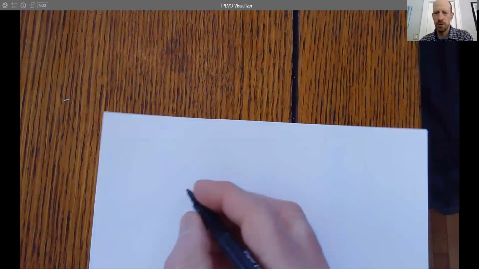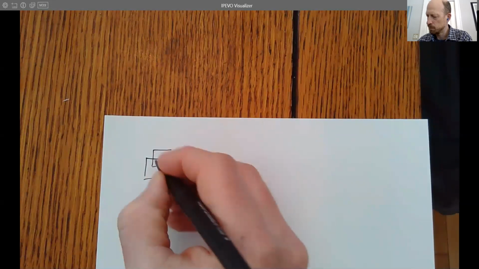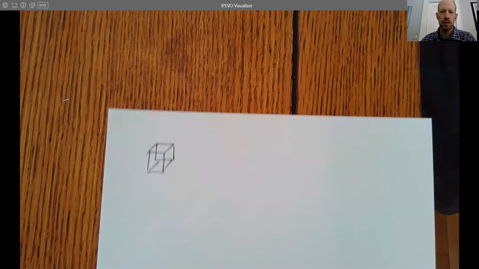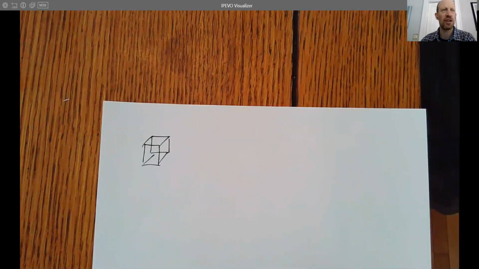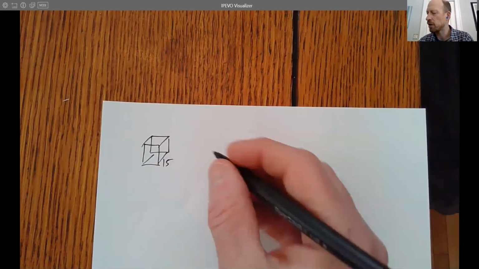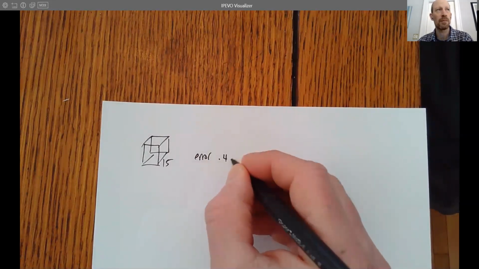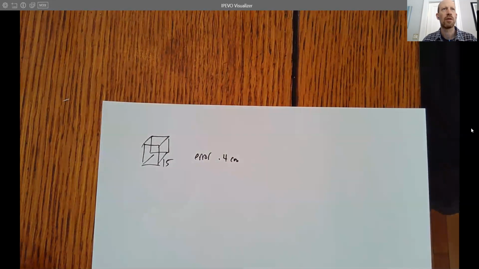So the question was that you have a cube, and the edge of the cube is 15 centimeters, but of course there's always some error there. The error is 0.4 centimeters. So I measured 15 centimeters, but it could be off a little bit.